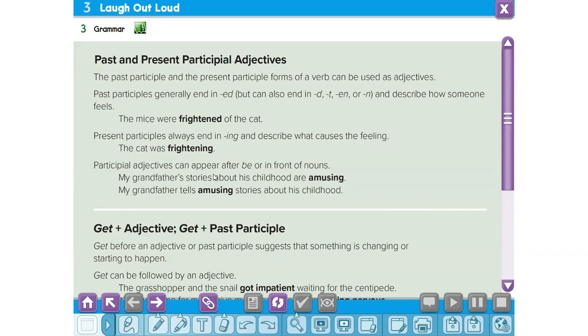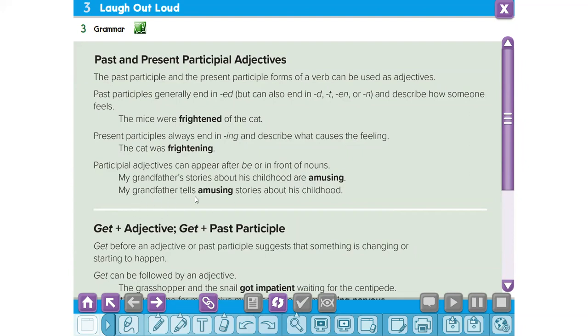Participle adjectives can appear after be, the verb to be, or in front of nouns. For example, my grandfather's stories about his childhood are amusing. The stories are amusing. Here we used amusing after the verb to be, which is are here.